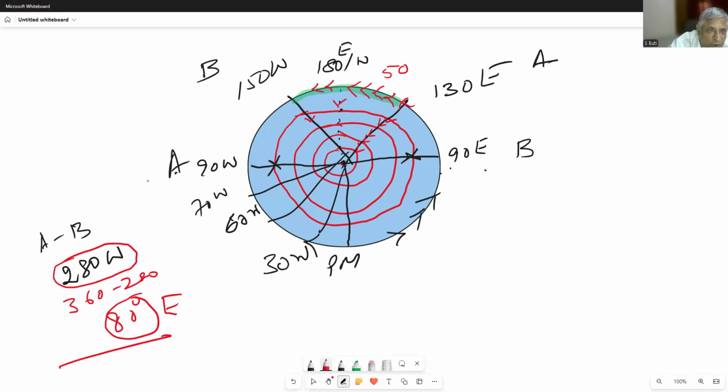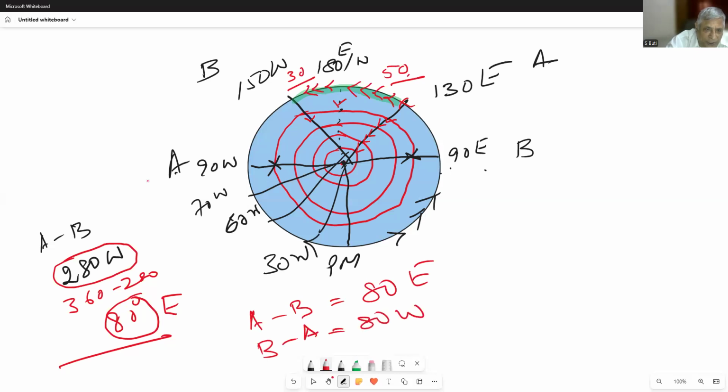This is north. This direction remains east. So 50 degrees and another 30 degrees, 180 to 150 west. So your total change of longitude between A and B will be 80 degrees east. Between A and B will be 80 degrees east, and between B and A, it will be 80 degrees west.